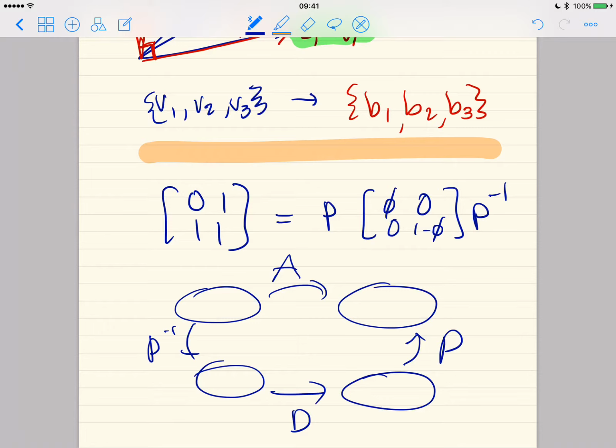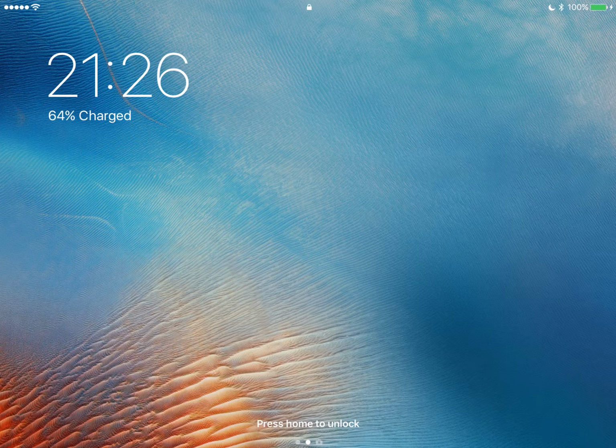The point is, you can get confused between P and P inverse, or between rows and columns, or all sorts of random stuff like that if you're trying to use a matrix. But if you just work directly from the definition, there's no chance to mess up in any of those ways.